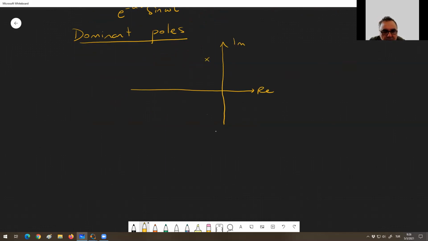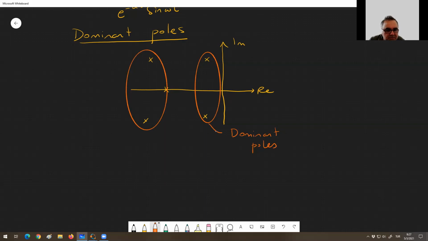Let's say you have two poles here and another set of poles here. Okay. Now, these two poles that are close to the imaginary axis, these will be called the dominant poles. The bunch that are here are less important in the response, okay?